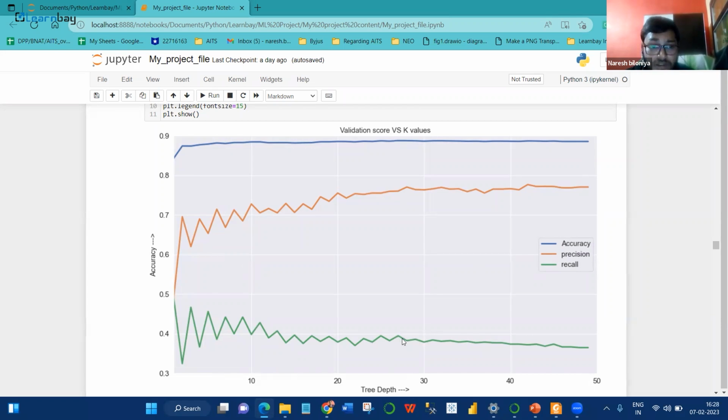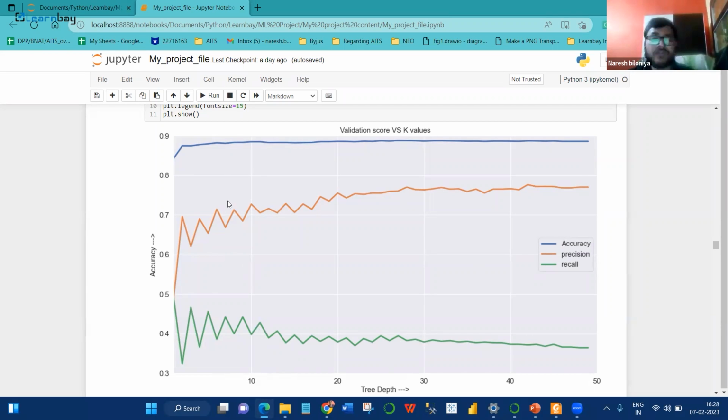Our recall is very low, and we can't compromise on recall. But at k equal to 11, we are getting quite good recall, and there is not much difference in accuracy, and good precision also. So that's why we took k equal to 11. So we are going with k equal to 11 only.